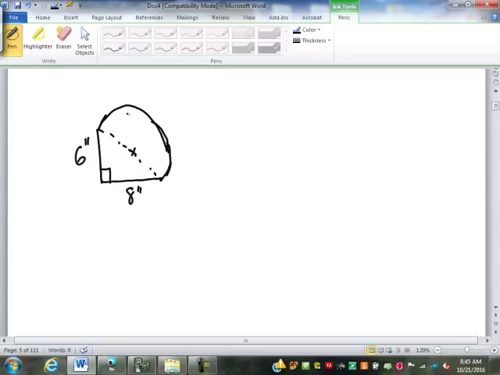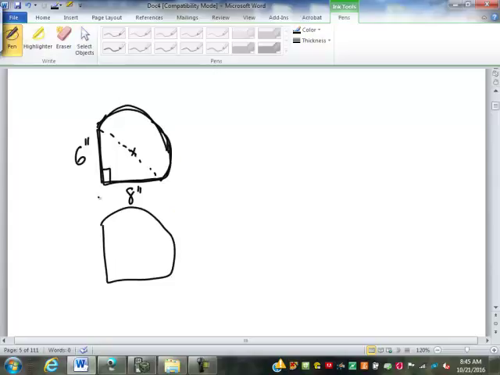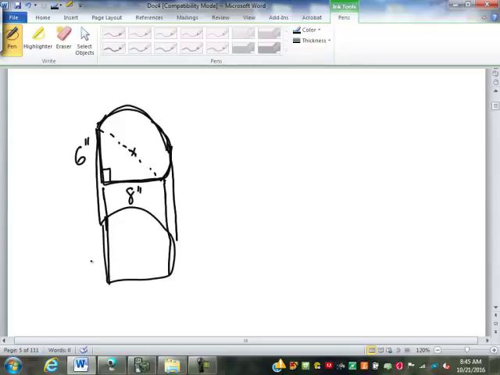It says a right triangle with a half circle on its hypotenuse. So it's 6 by 8 on the right triangle.